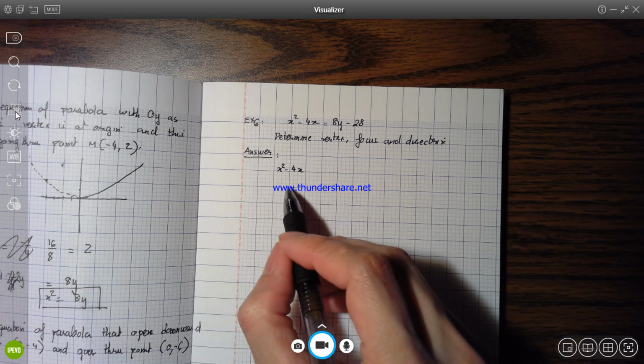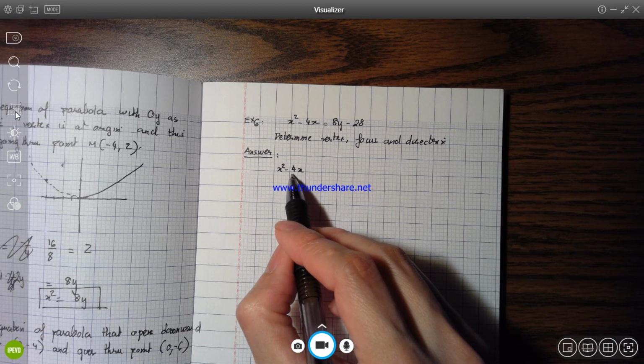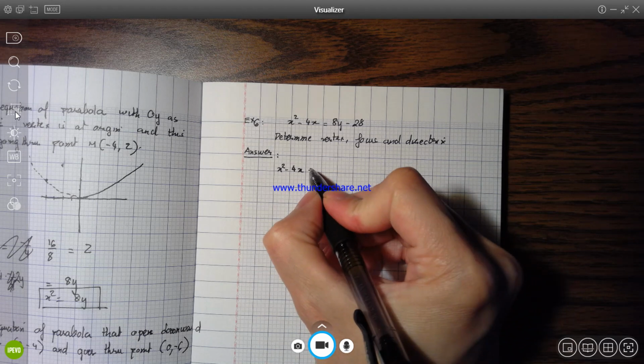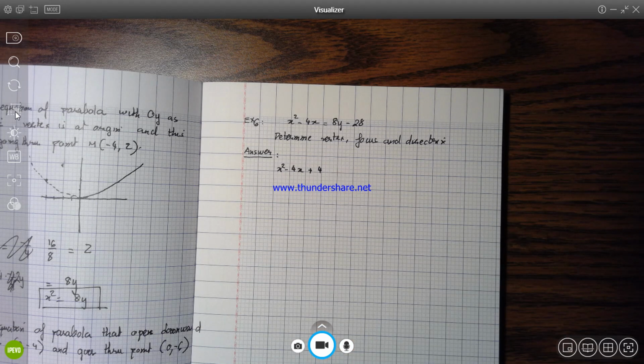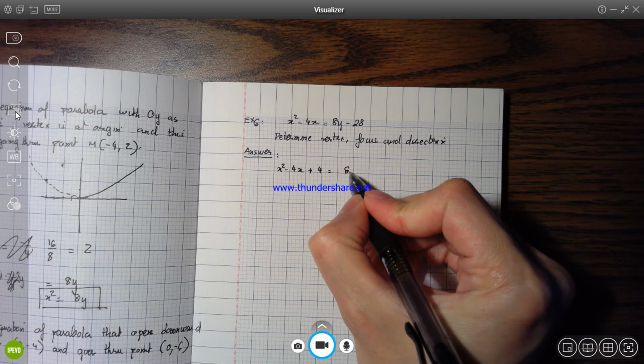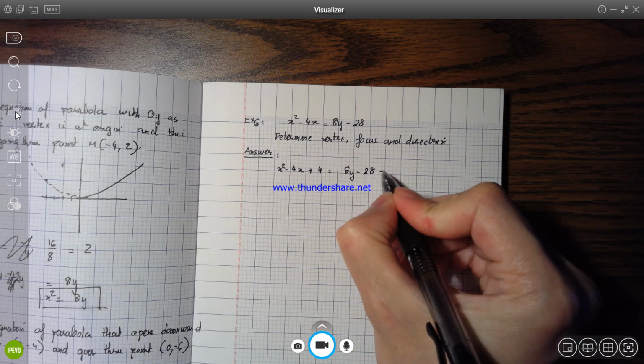You see that this is negative 4. So in order to complete the square, I take this, divide by 2, and square it. This will give you 4, and that step you already learned in college algebra. So it means that you have to add 4 on this side also.